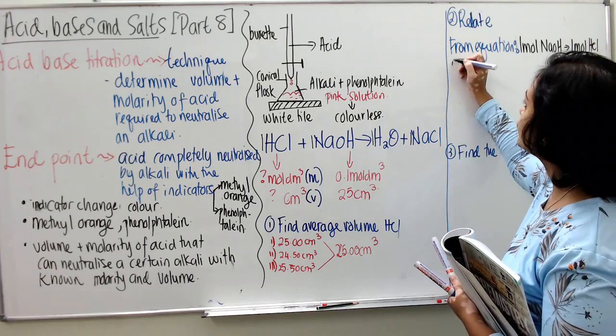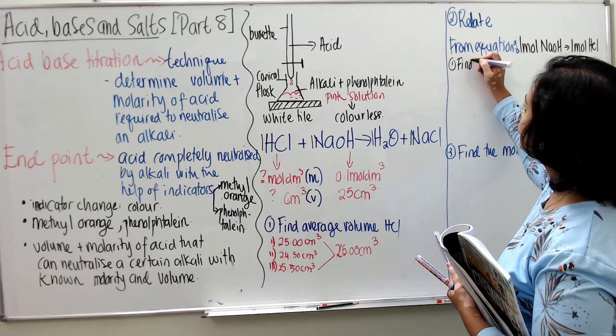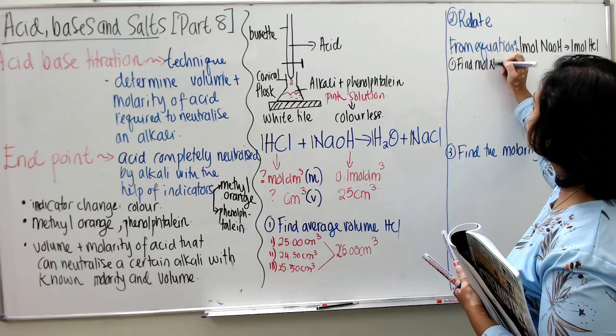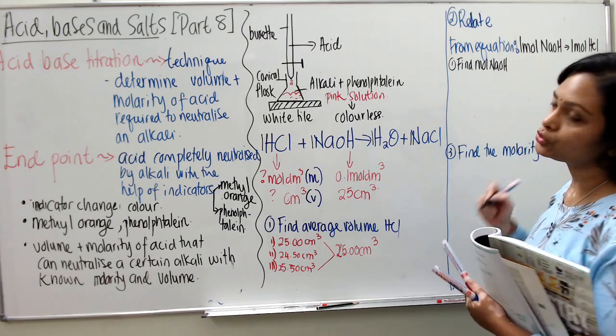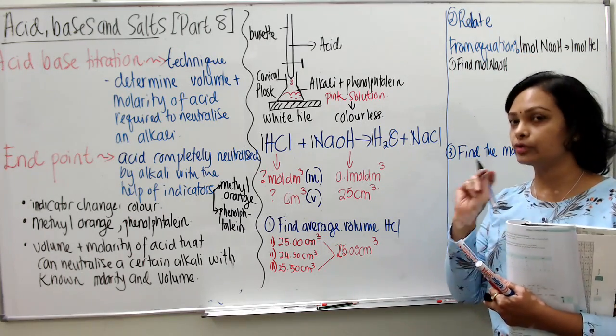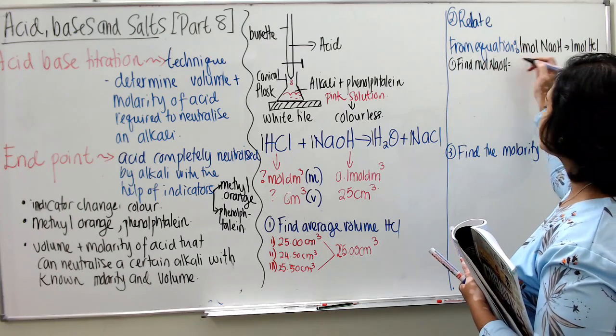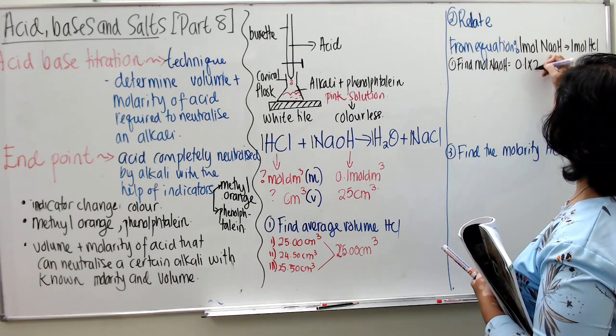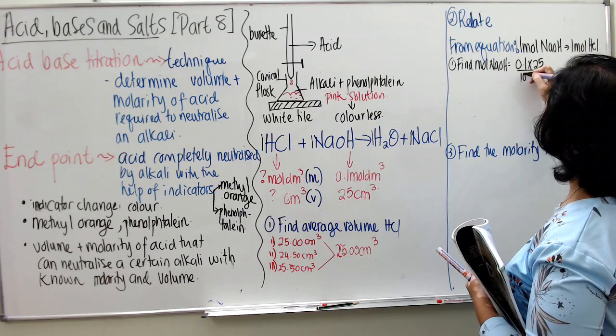Now what you have to do is find the actual mole of sodium hydroxide. You determine how much, which is 0.1 times 25 divided by 1000.